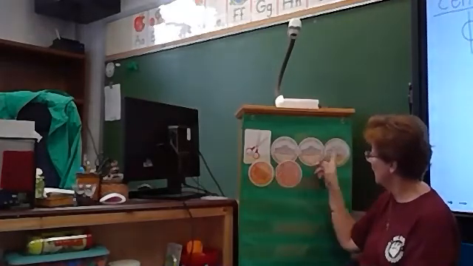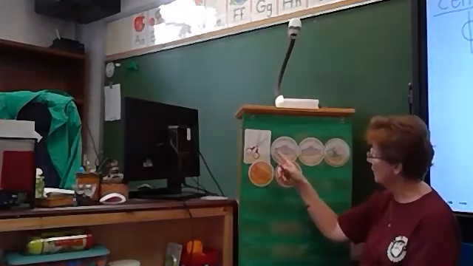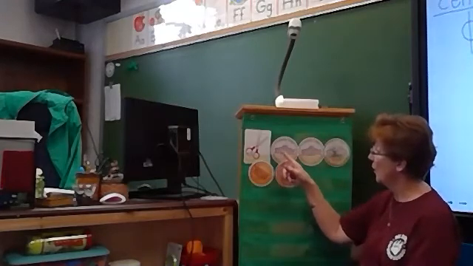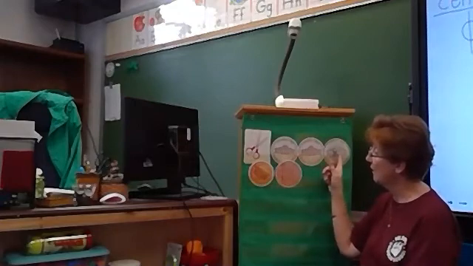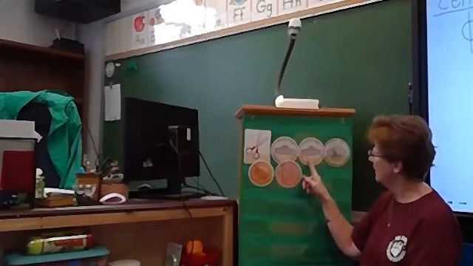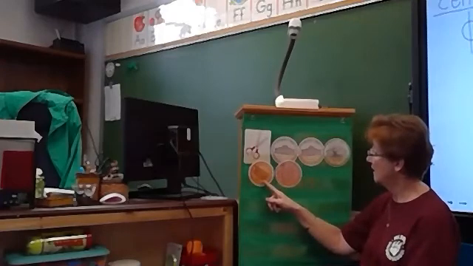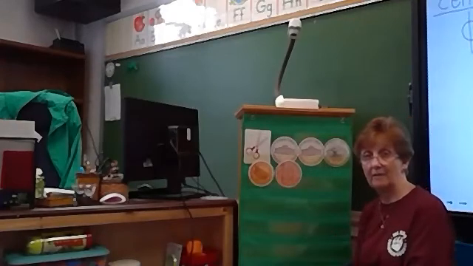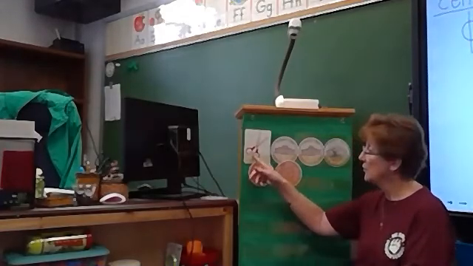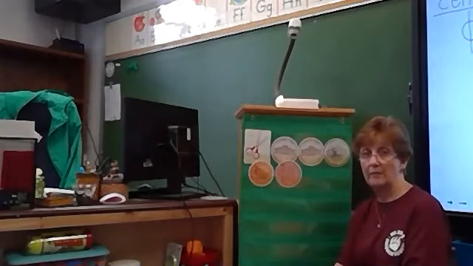Remember, when we count mixed coins, and we have mixed coins because we have nickels and pennies, we're going to start first with the coin that has the greater value, and that's our nickels. So let's count 5, 10, 15, 16, 17. So you can see that there are many different ways to show one amount of money.